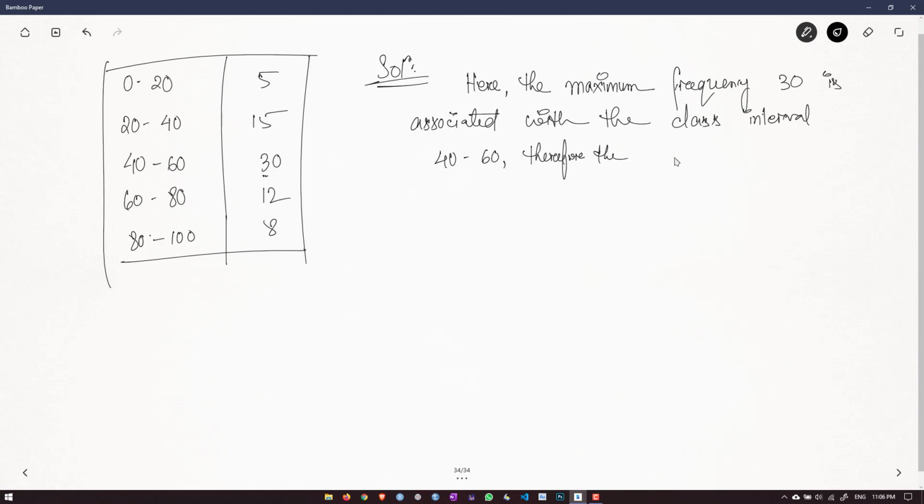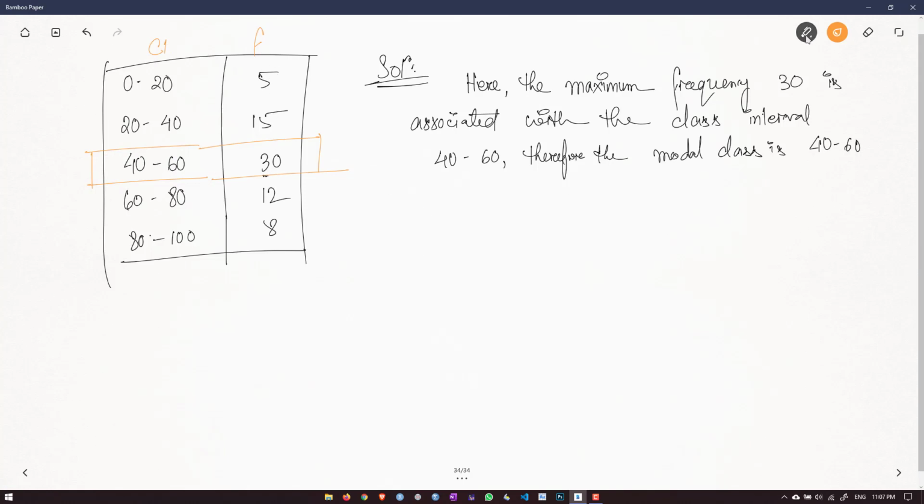Therefore, the modal class is 40 to 60, right? So this is how we start the solution of a mode problem. Now this marking down of the class interval is not necessary. This is just to explain, right? So this is class interval, this is f.